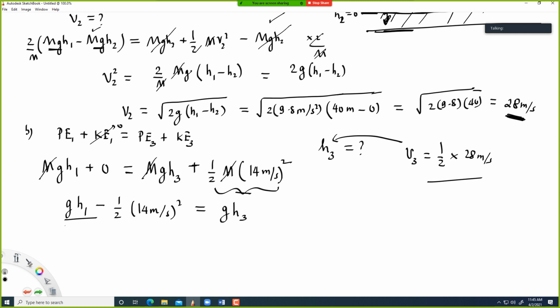Okay, so let's first find this left side. This g is 9.8 meters per second squared. Height at 1, we already used that, 40 meters, minus 1/2 times 14 squared.